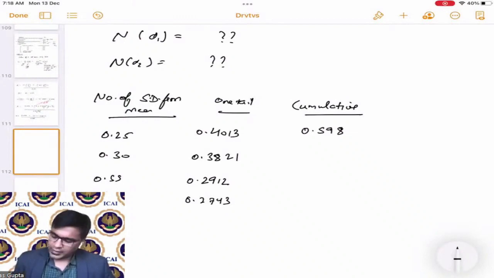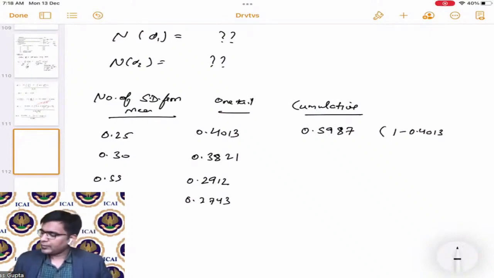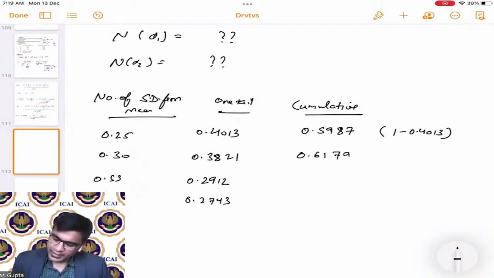This is how we have calculated: 1 minus 0.4013 will give you 0.5987. Then 0.6179, which is 1 minus 0.3821.